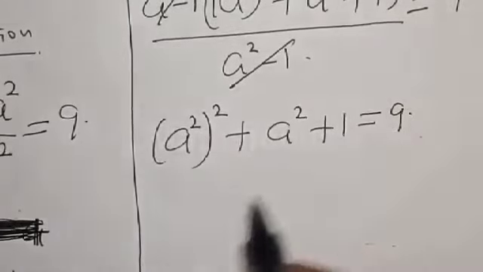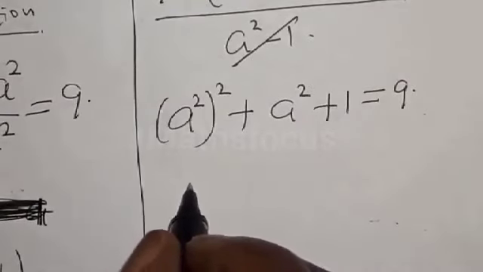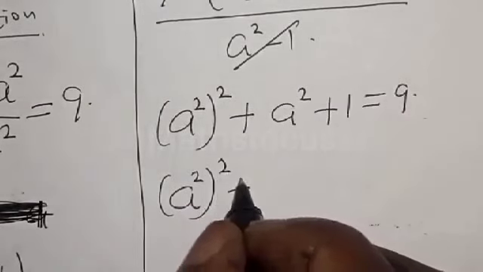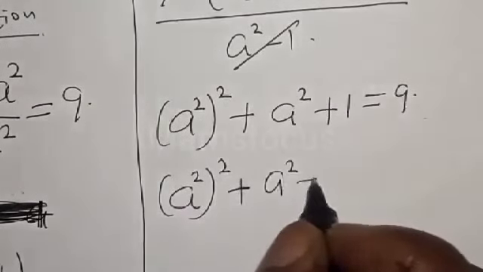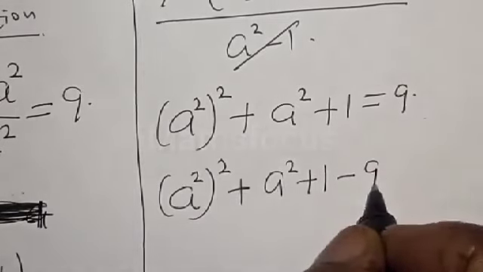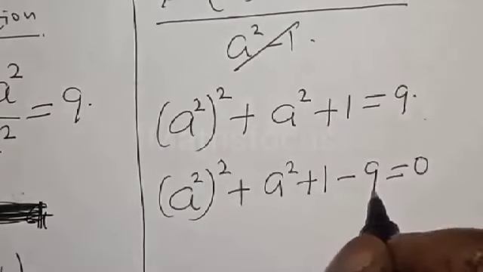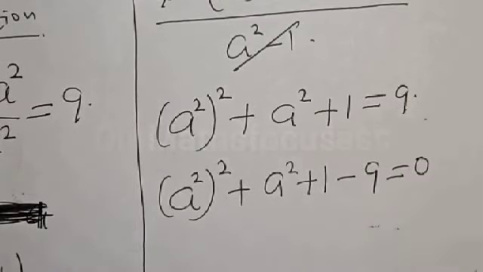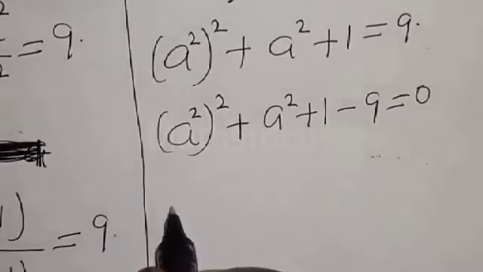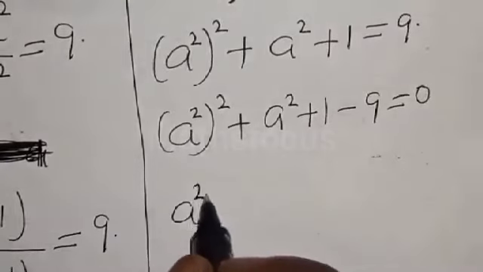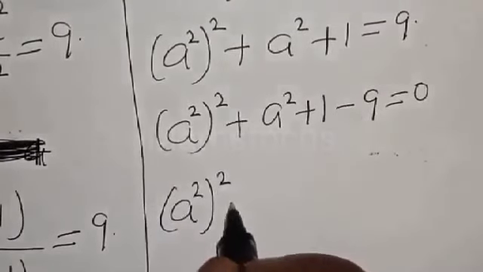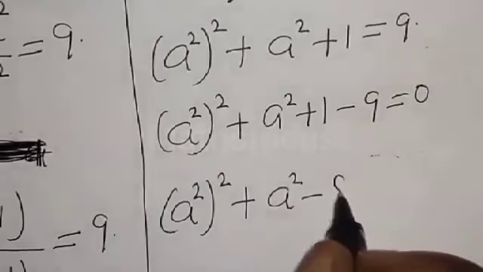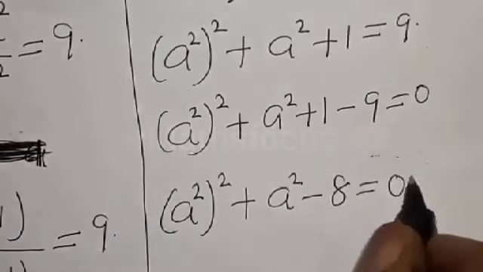Then let's equate everything to 0. We have a squared squared plus a squared plus 1 minus 9 is equal to 0. Because if this plus 9 crosses the equal sign, it becomes minus. Then we have a squared squared plus a squared, 1 minus 9 is minus 8, is equal to 0.